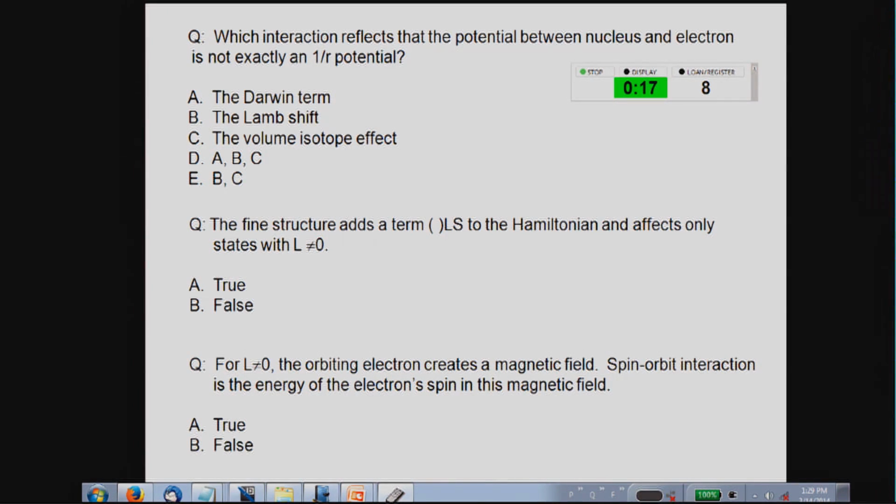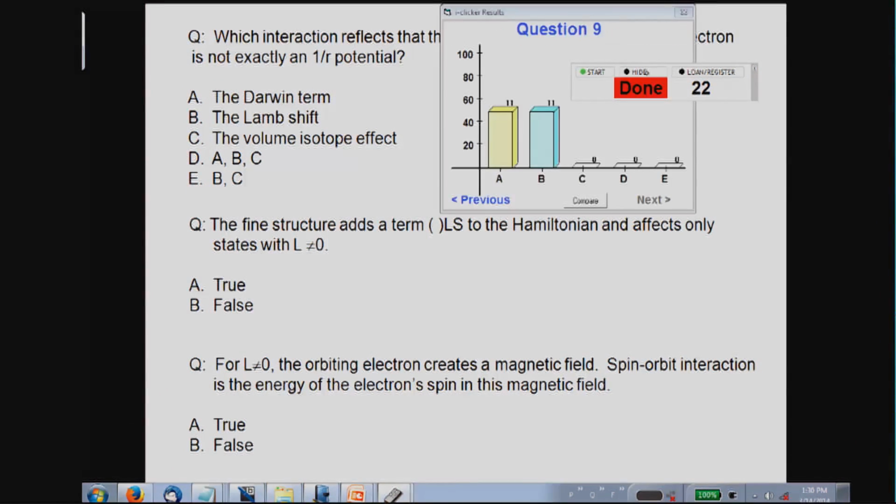Would you say that this sentence is true or false? I thought it's true, but maybe people want to tell me what is false about the statement.